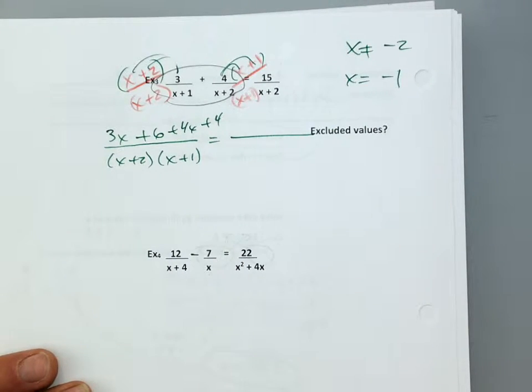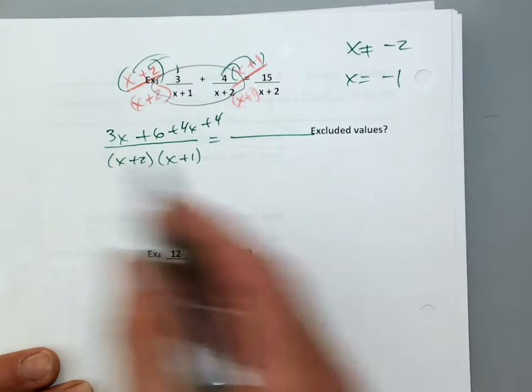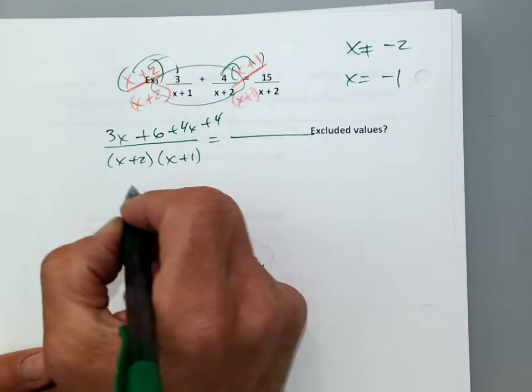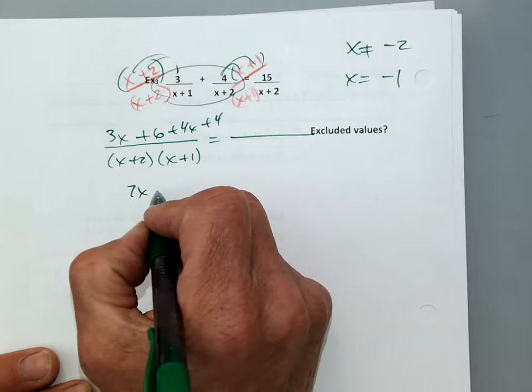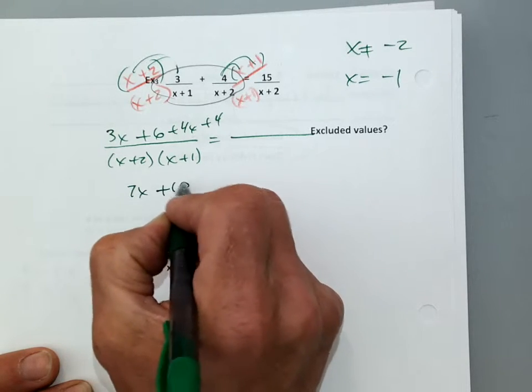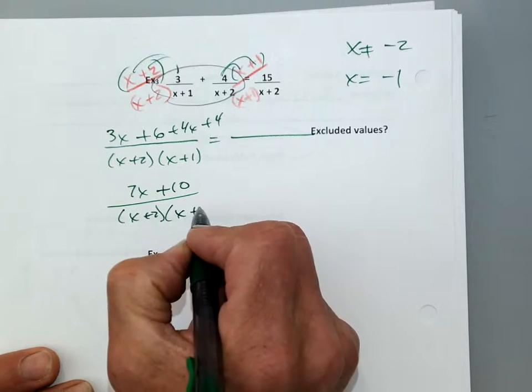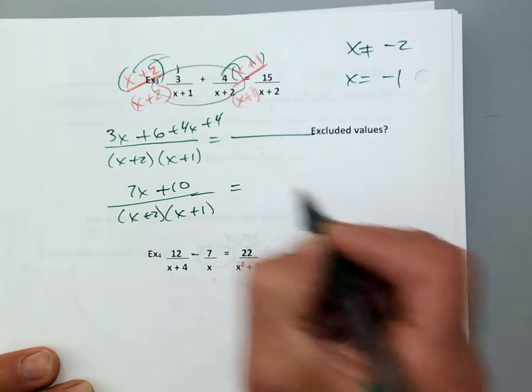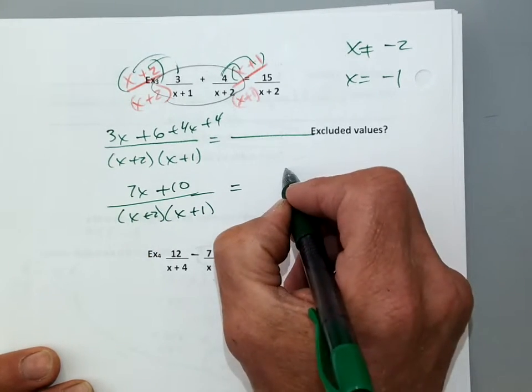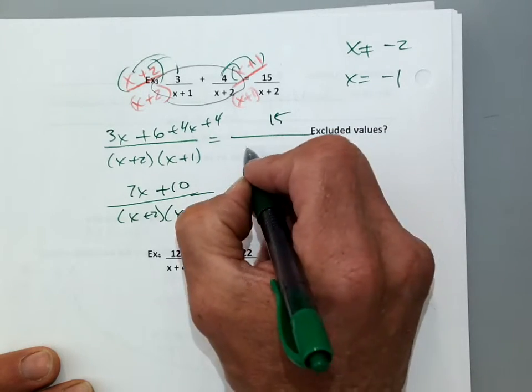You okay with that? So we're going to have a 7x plus 10 over an x plus 2 times an x plus 1, right? Equals 15 over an x plus 2.